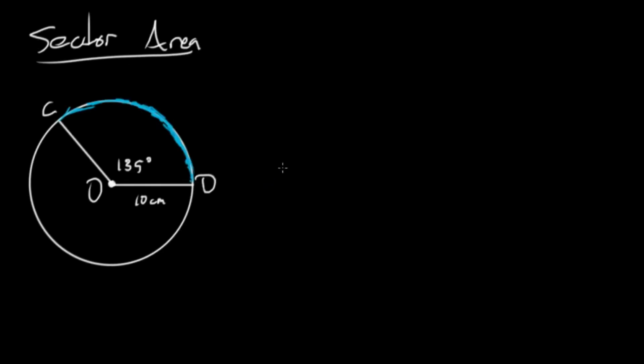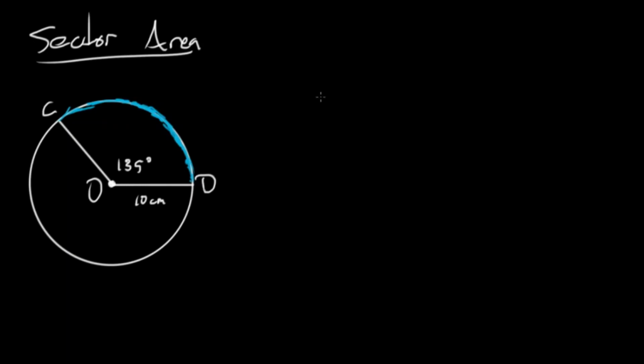Similarly, if you want to find the area of this space contained by the arc CD, the sector area, to be specific, the process is going to be very similar. It's going to be the ratio between the angle and the circle, and that is going to be equal to the area of the sector to the total area.